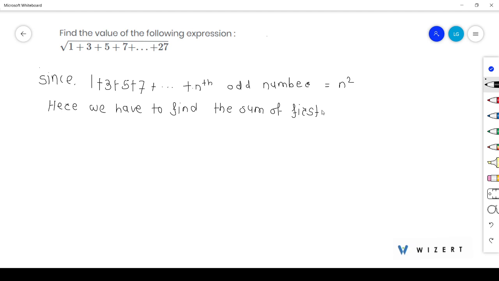So the sum of first 14 odd natural numbers. So we can say that n is 14. Okay.